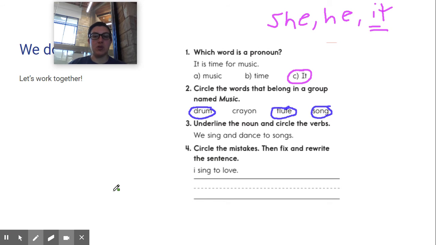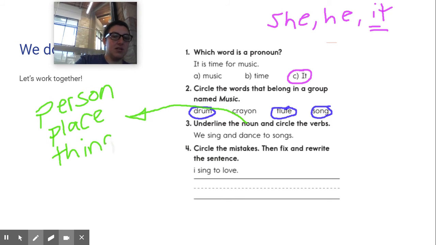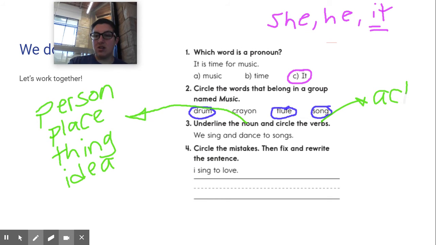Okay. Underline the noun and circle the verb. So for a noun, remember, this is person, place, thing, or idea. And a verb is an action.